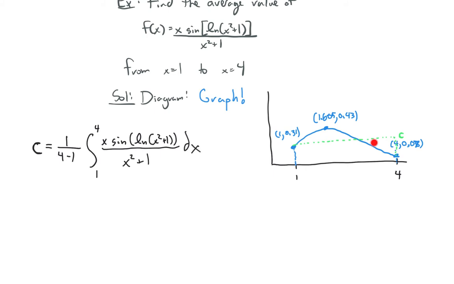Now, we've converted our idea into the language of calculus. So maybe pause the video now, see if you can take this integral and find this value c, and see if it matches up roughly with our diagram here.